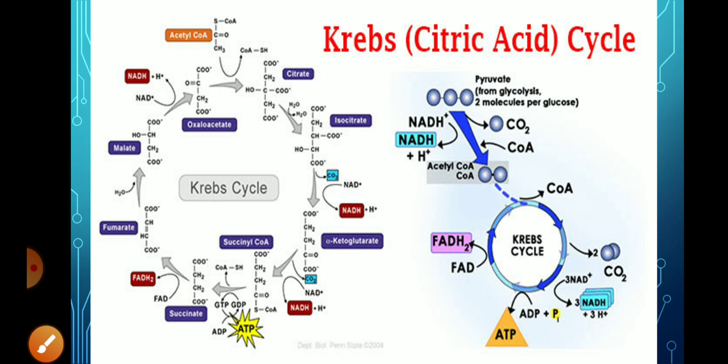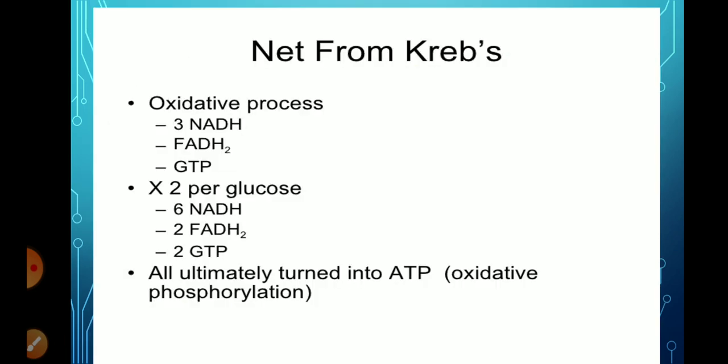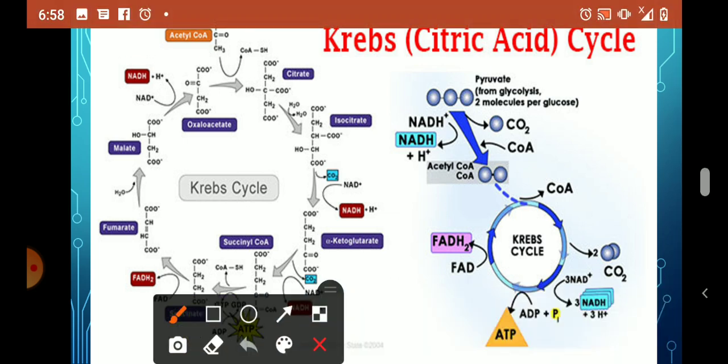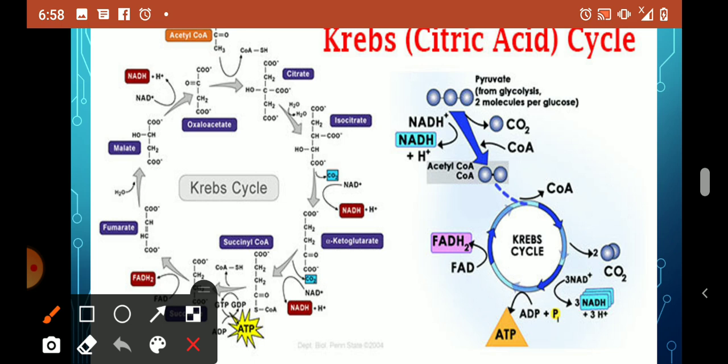So let's take a look at this Krebs cycle again. Pyruvate from glycolysis is produced as 2 molecules per glucose. At the end of glycolysis, 1 molecule of glucose is broken down into 2 molecules of pyruvate. Every pyruvate molecule changes into acetyl coenzyme A, and then enters this Krebs cycle.